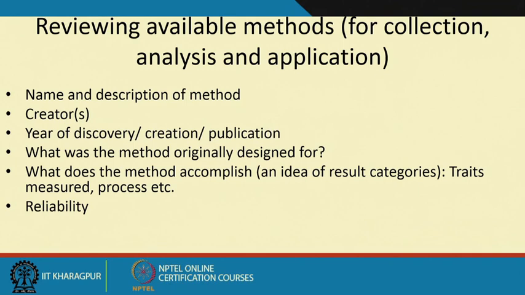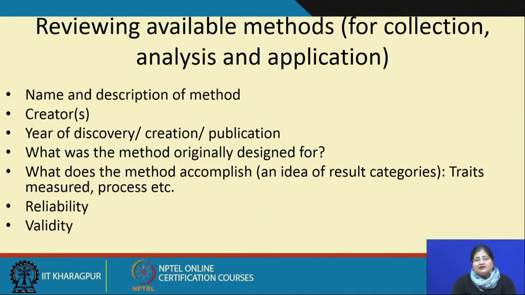The reliability. Now reliability and validity I will deal with together. Reliability is the number of times a method produces the same result. That is reliability. And reliability is quantified, especially in the social sciences.